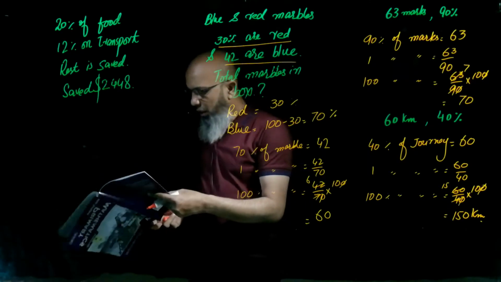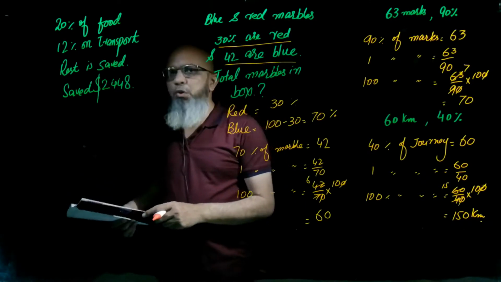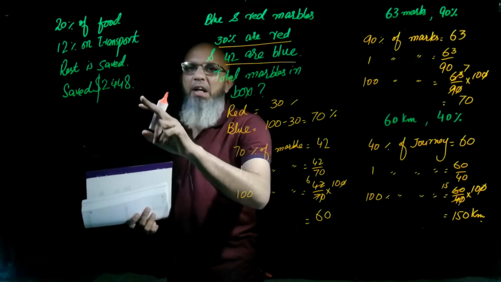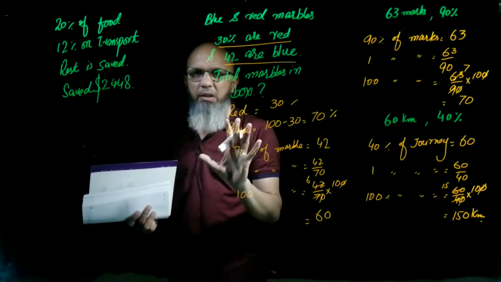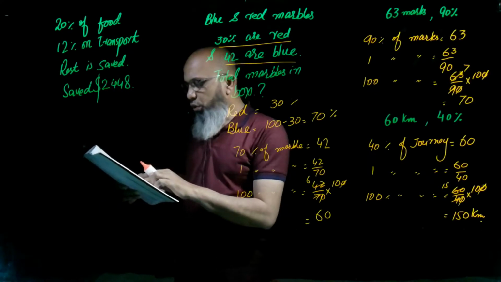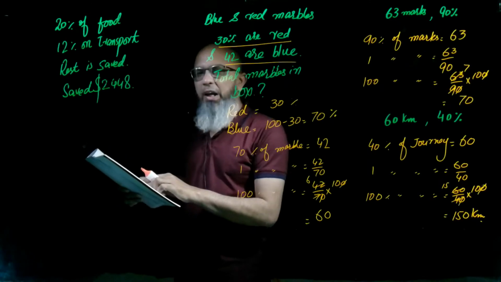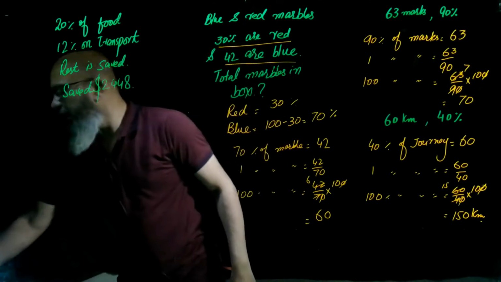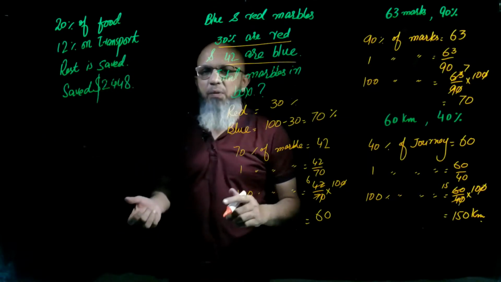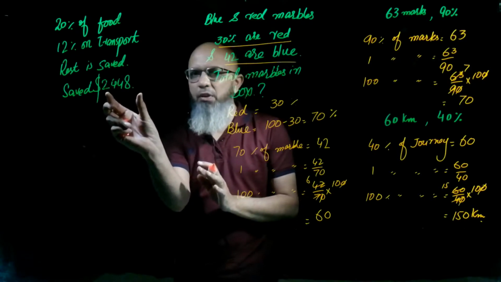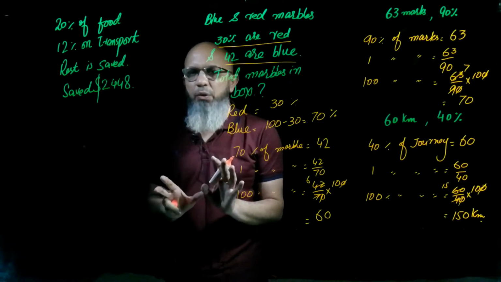In this question, Mrs. Ho spent 20% on food and 12% on transport and the rest is saved, right? A lot of saving. So she saved $2,448. What is her monthly salary? First of all, we will find the saved percentage, because the saved amount is given to you, but the saved percentage is not given to you.